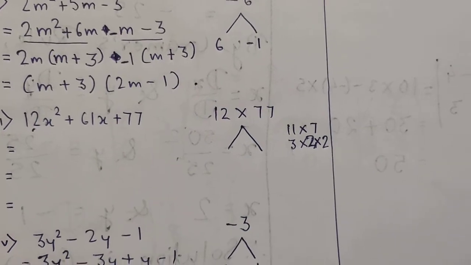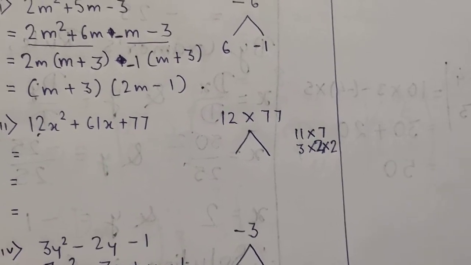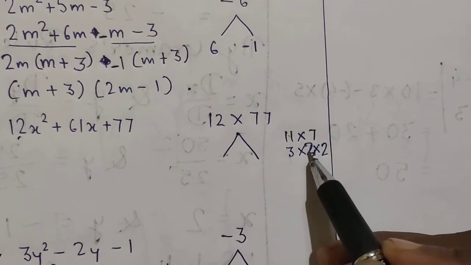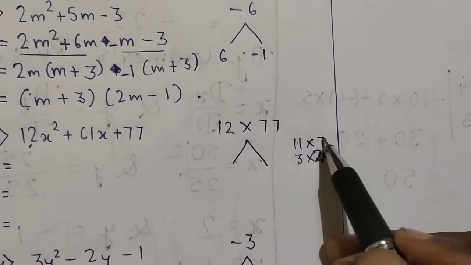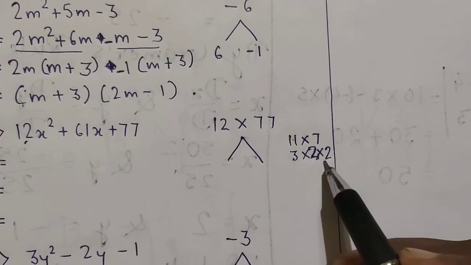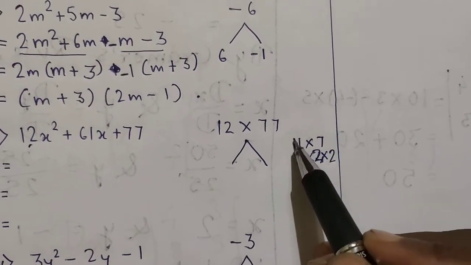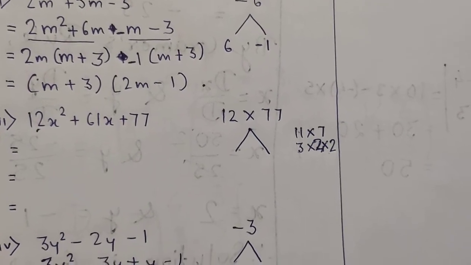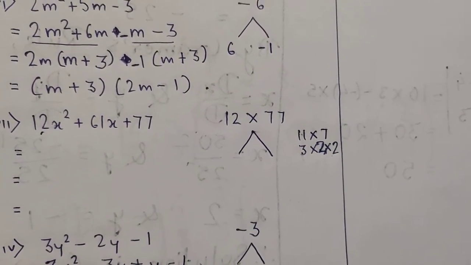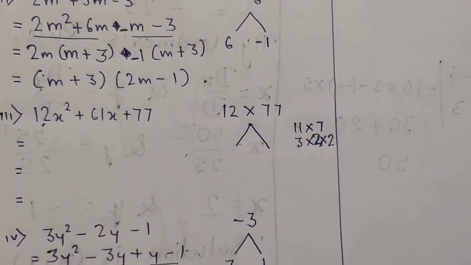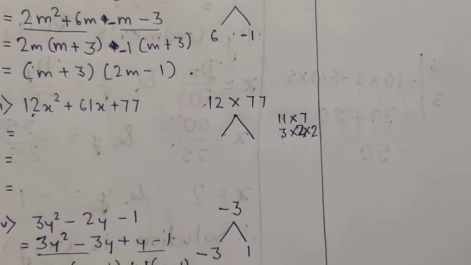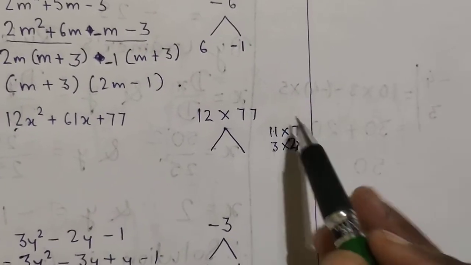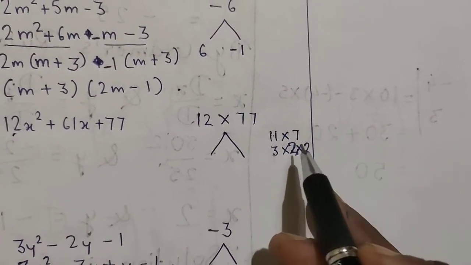Now let us try to make two parts. See, if I take 11 into 2, that is 22, and 7 into 3, that is 21, into 2 is 42. 42 and 22, no. Again we got stuck with some number. So you need to make two parts such that their addition gives you 61. So let us try to make two parts by using these 5 numbers.